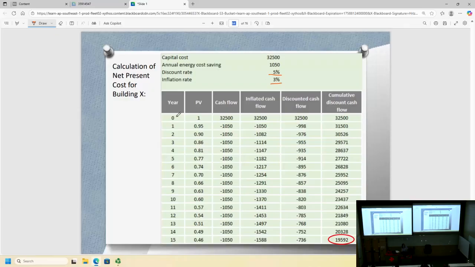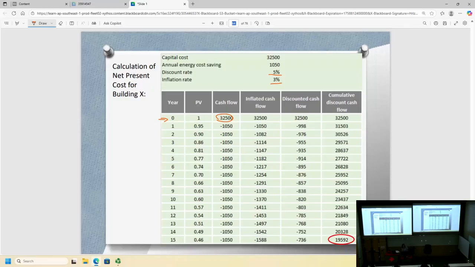So in year 0, before the operation of the solar thermal collection plant, we need to invest this amount of money. This is the investment for the renewable energy. Some money we need to pay so as to install that solar collector.